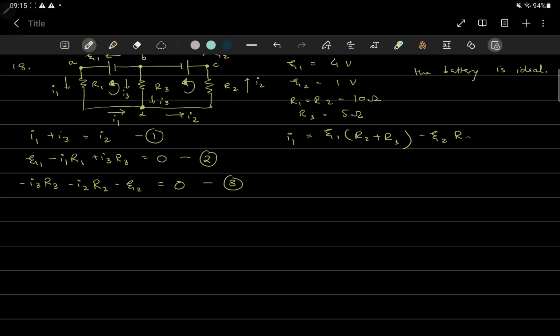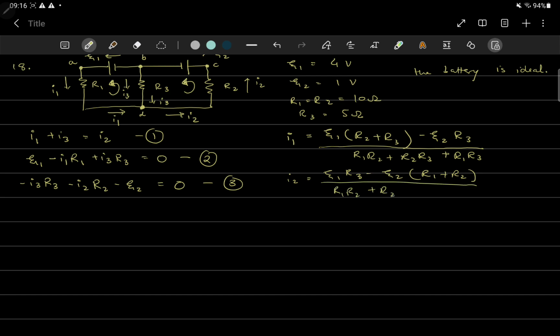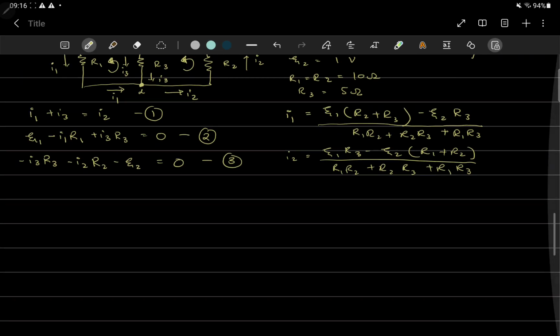The way I'm doing this is basically just simultaneously solving these three, and this will be divided by R1 R2 plus R2 R3 plus R1 R3, and I2 will be given as zeta 1 times R3 minus zeta 2 times (R1 plus R2), divided by R1 R2 plus R2 R3 plus R1 R3.